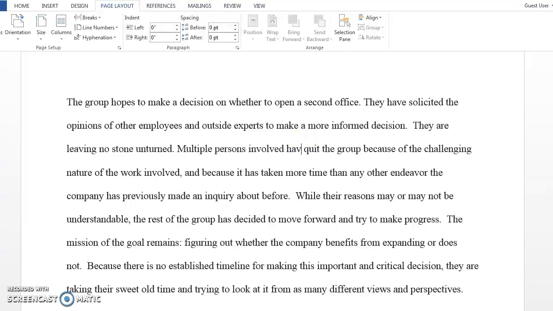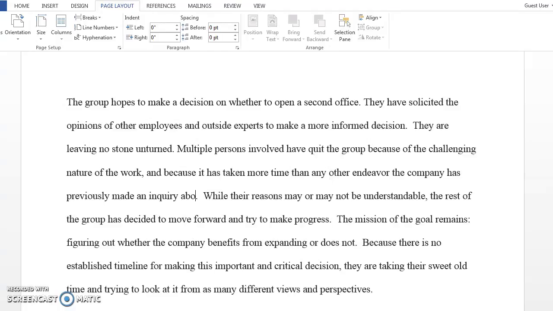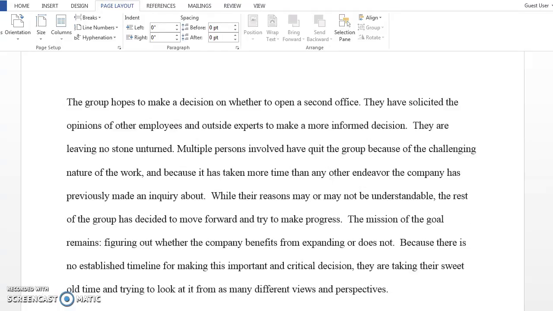Have quit the group because of the challenging nature of the work involved. Involved? How about just work? And because it has taken more time than any other endeavor the company has previously made an inquiry about before. Wait a second. Previously? Before? Same thing. No need for that one. We're now down to 145, minus 20 words.